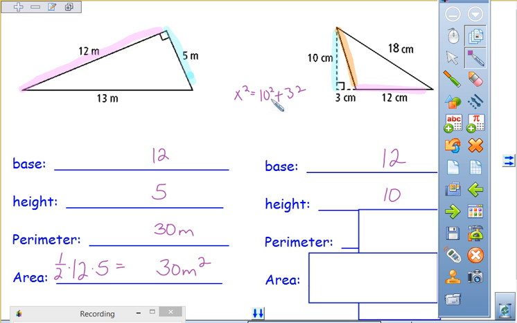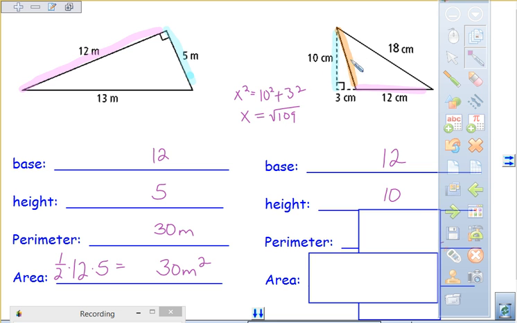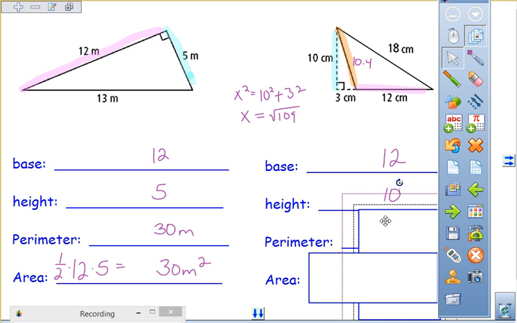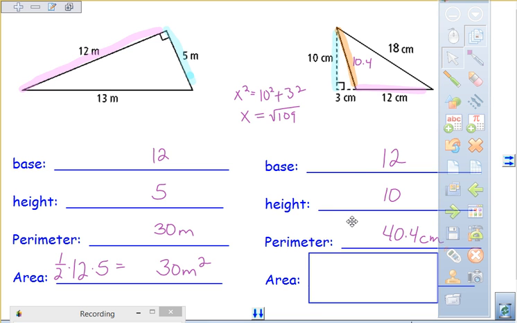And I'm just rounding to the nearest tenth, so I get the square root of 100 plus 9. So I'm getting about 10.4 for the orange. So then if I add 10.4, 12, and 8 together, that gives me the 40.4 centimeters for the perimeter.